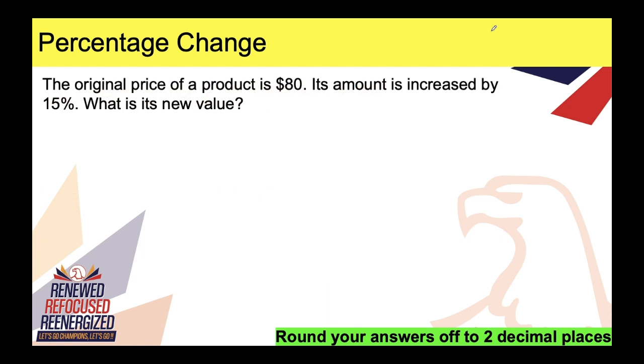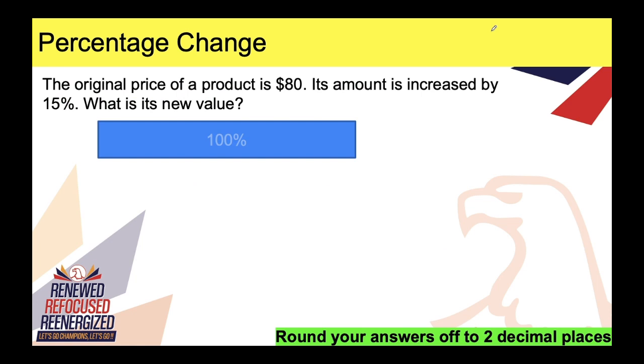Now let's have some problems. The original price of a product is $80. Its amount is increased by 15%. What is its new value? So is it a percentage increase or decrease? All right. So this is the original amount. We're adding because it's increased by 15%, which we do not know.